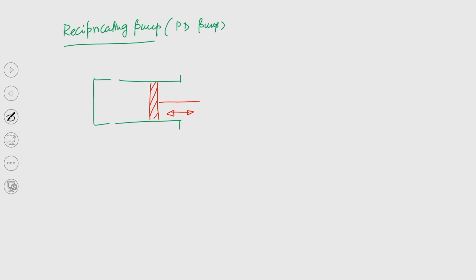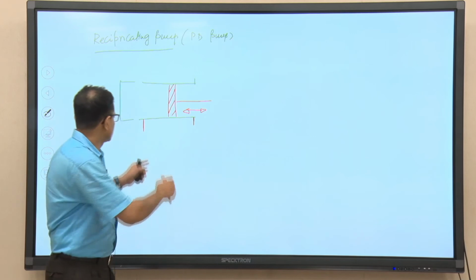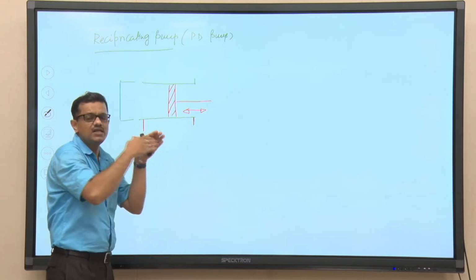Definitely, between two different ends, the piston will have to and fro motion between these two stops. Maybe these two stops define the stroke length.